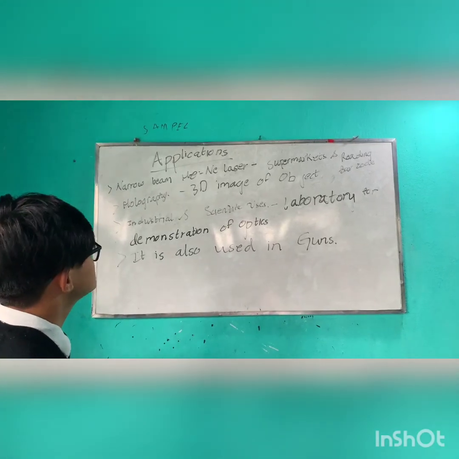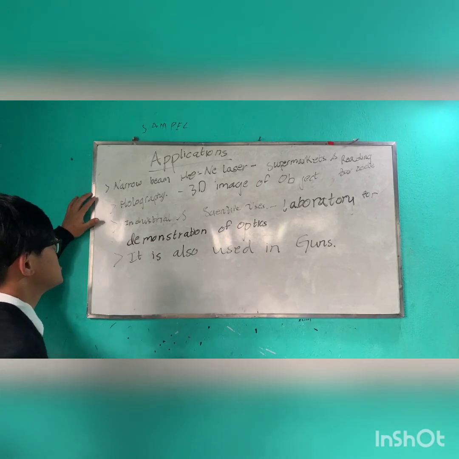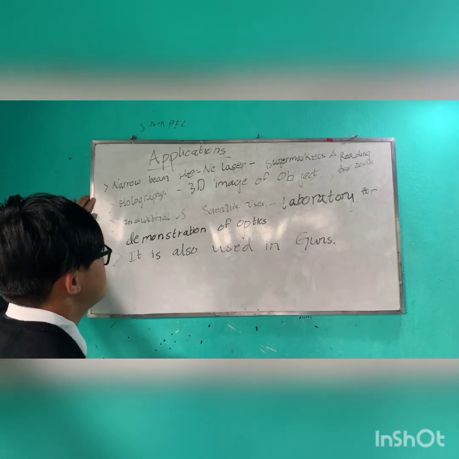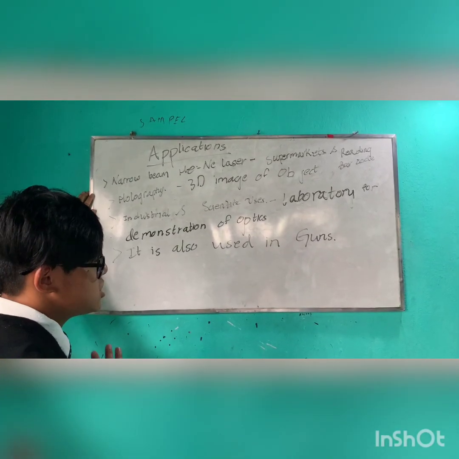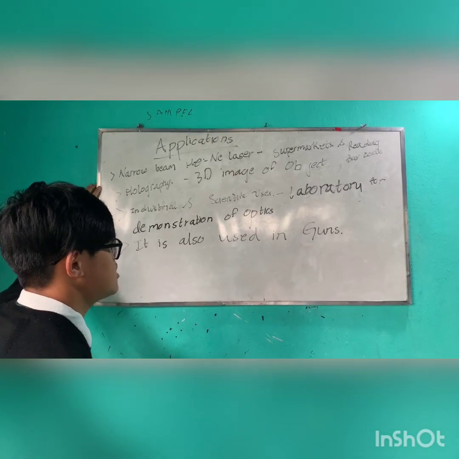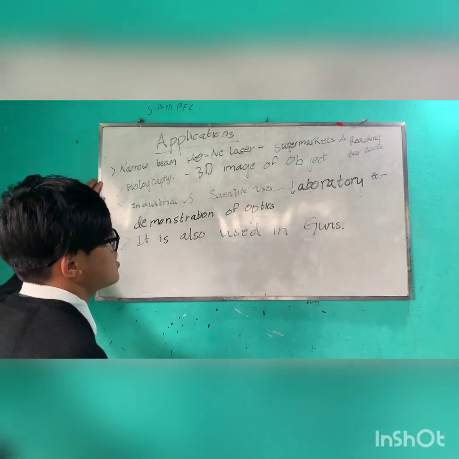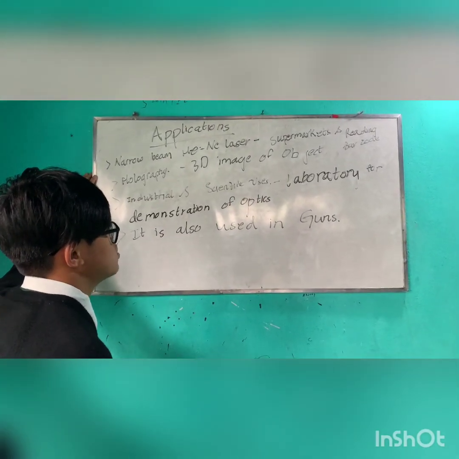Now we are going to discuss the applications of the helium neon laser. The first application is that the narrow red beam of 632.8 nanometer can be used in supermarkets for reading barcodes.